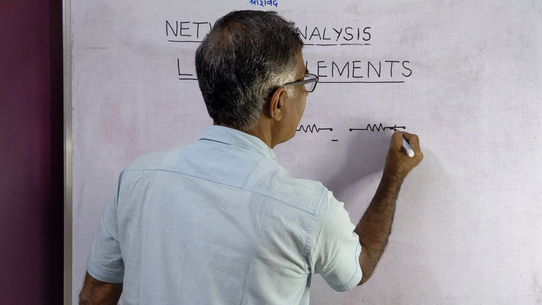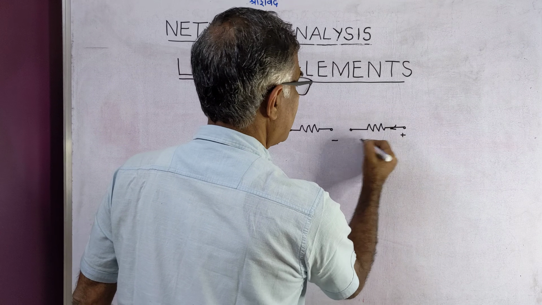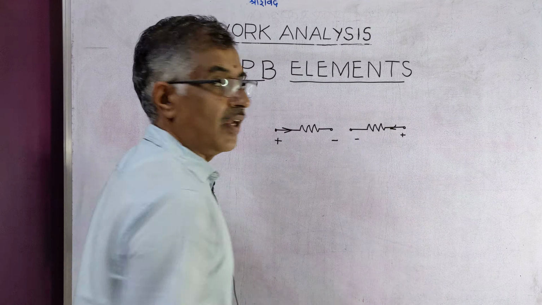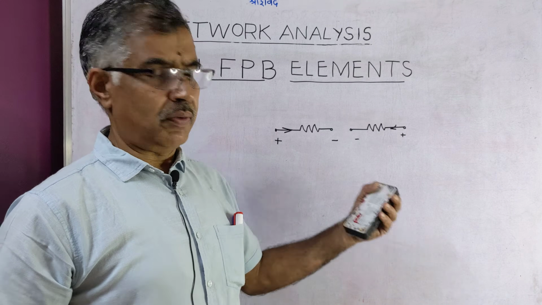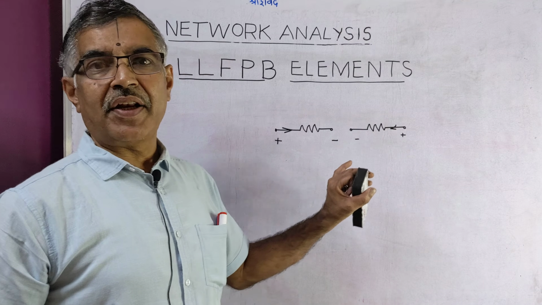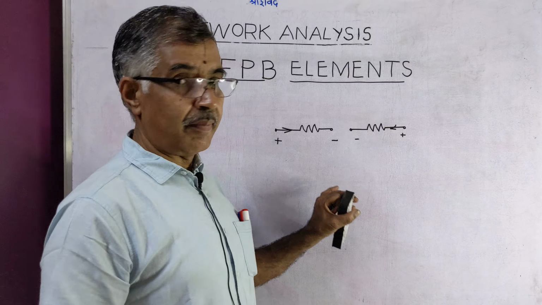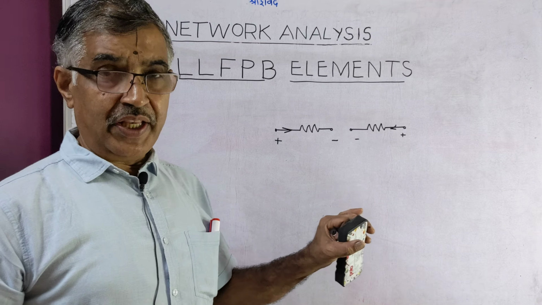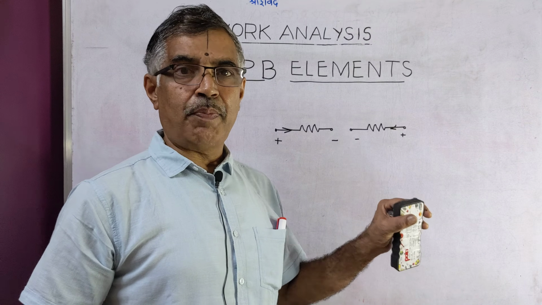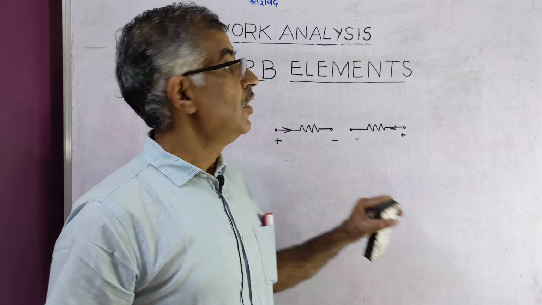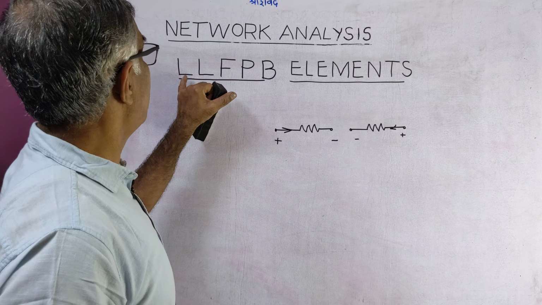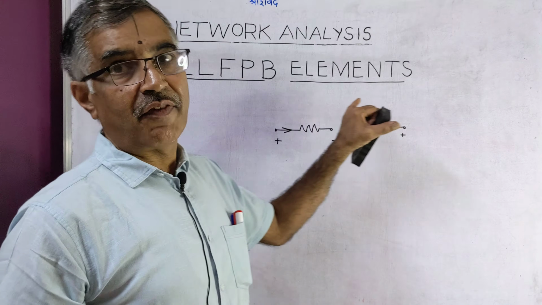If it conducts equally well in the other direction, then it is said to be a bilateral element. For example, a diode is not a bilateral element. A diode is a unilateral element. It conducts well only in one direction, when the anode is positive, that is forward biased, and the cathode is reverse biased. So this is all about the LLFPB definition. Thank you.